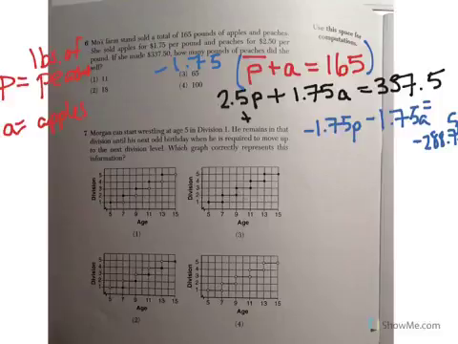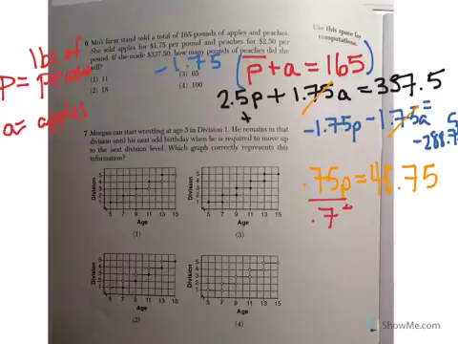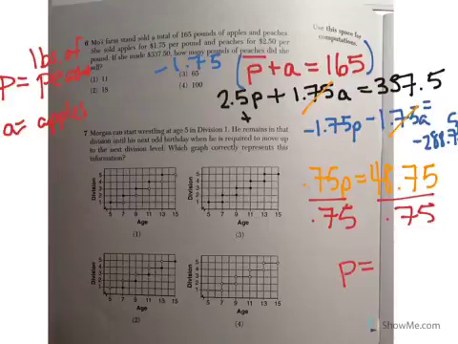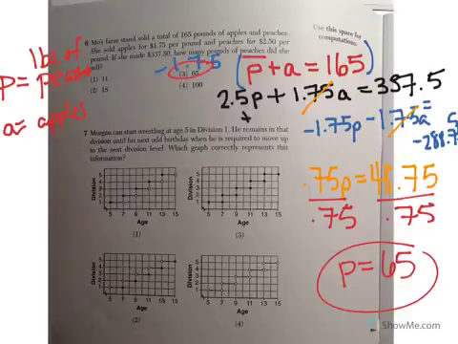When you do that, your A's will cancel, and when you add up the p's, you'll end up with 0.75p equals 48.75, and then you have to divide by 0.75 to get p alone, and p is equal to 65, which is choice 3.